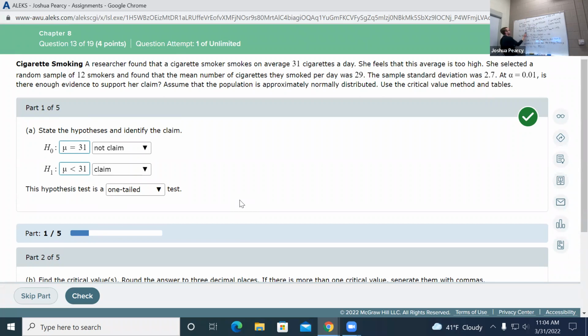Holy cow, this is a lot of erasing. So you intersect alpha of one tail with the degrees of freedom of what? N minus 1 is 12 minus 1, and if I still do math right, that's 11. Then someone intersect those two on the table and tell me what you get.